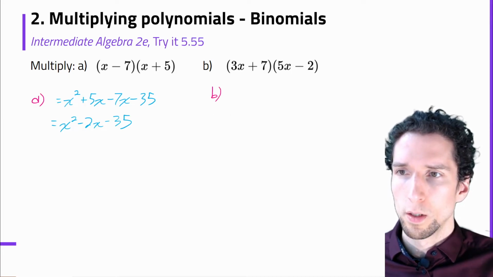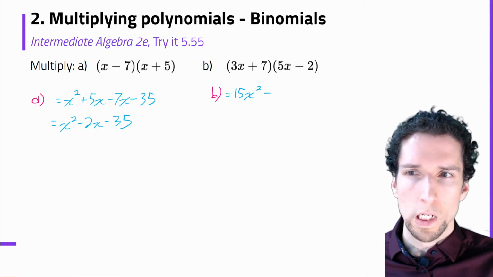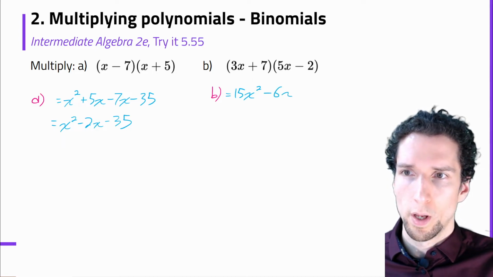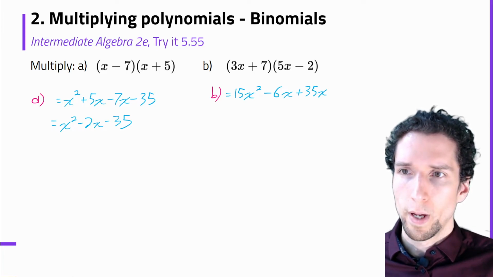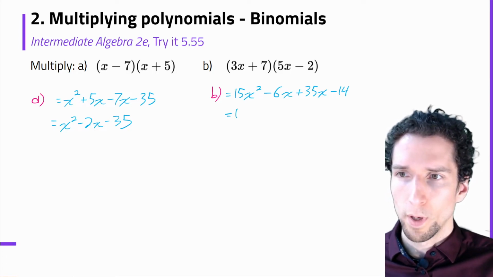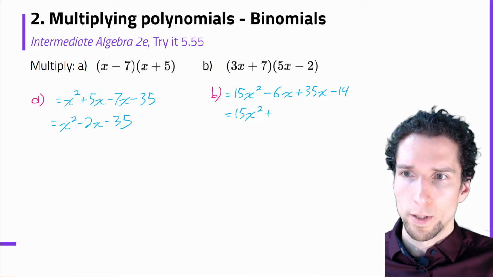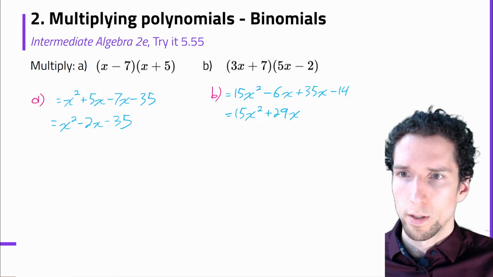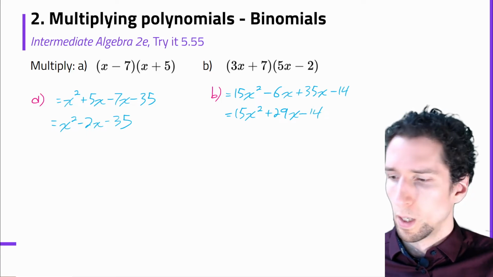Question B, here we have 3x, 5x, so 15x squared and minus 6x plus 35x and minus 14. Okay, and simplifying, 15x squared plus 29x minus 14.